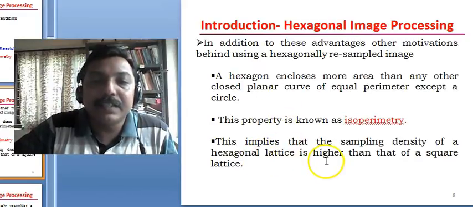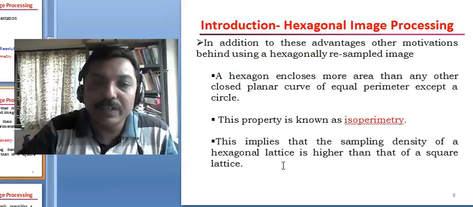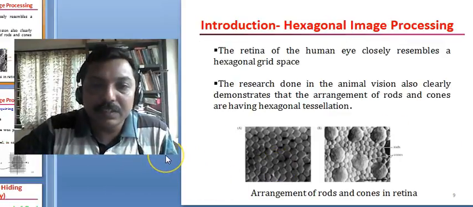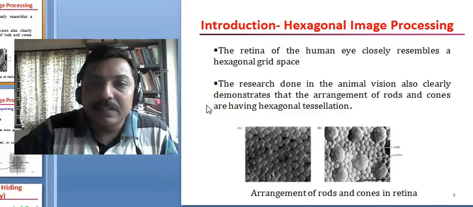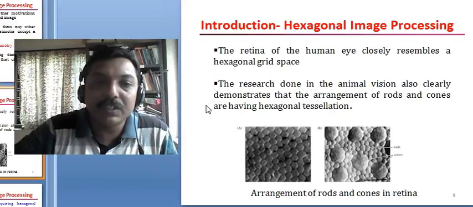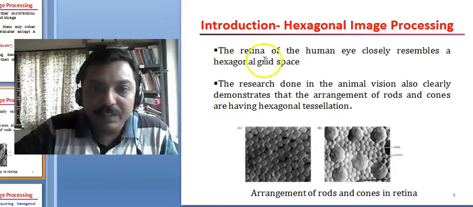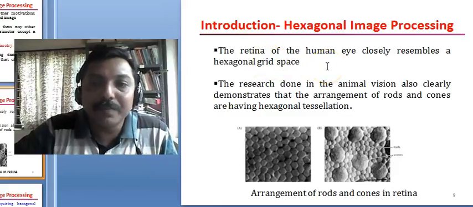This property implies that the sampling density of a hexagonal lattice is higher than that of a square lattice. In addition to this, there is some other motivation behind using a hexagonally resampled image, which is connected to the human visual system. That is, the retina of the human visual system, or the human eye, closely resembles a hexagonal grid space.